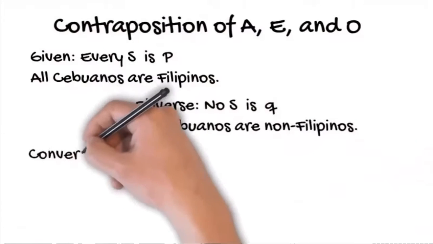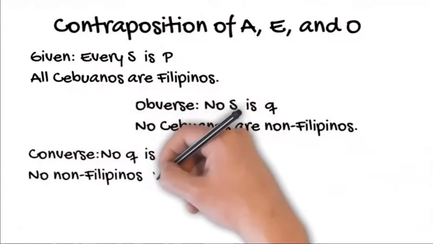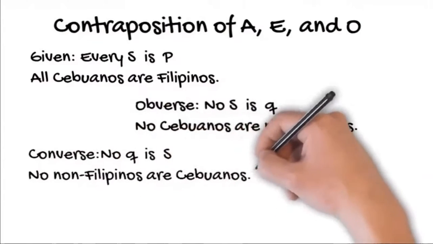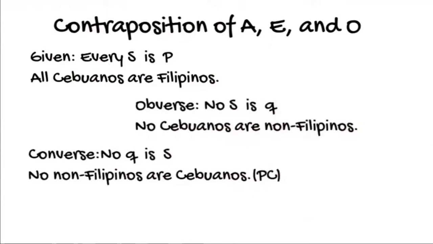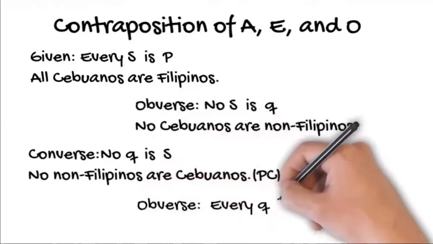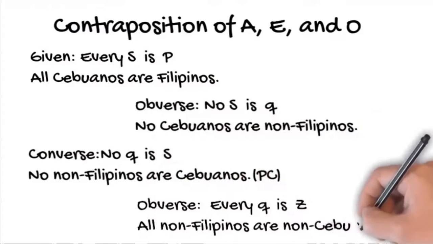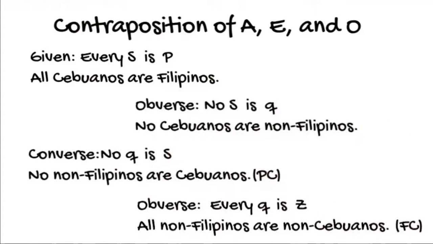And this obverse will be converted. So that's why you have no non-Filipinos are Cebuanos as the partial contrapositive. Then we will obvert this proposition and we'll have all non-Filipinos are non-Cebuanos as the full contrapositive.